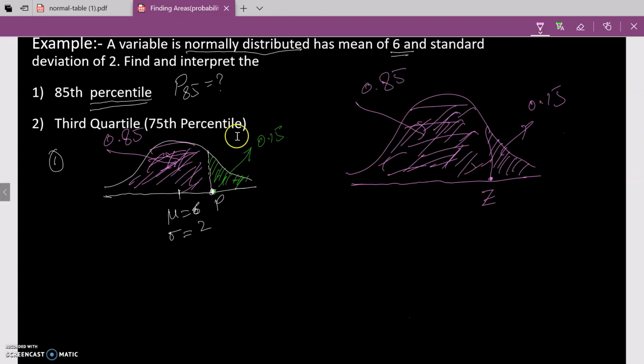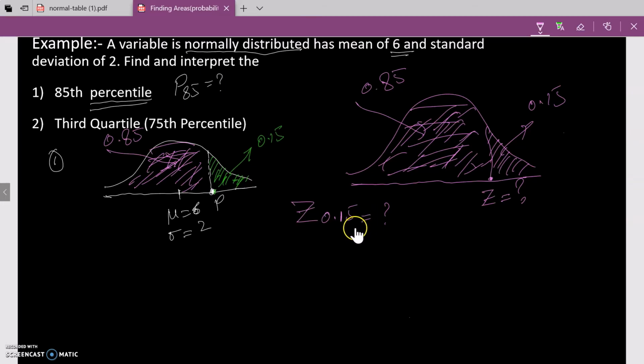So in this problem, our first job, our first step, is to find this z value. I'm going to compute z of 0.15. What is the z-score such that the area to its right side is 0.15? That's what I'm going to find.